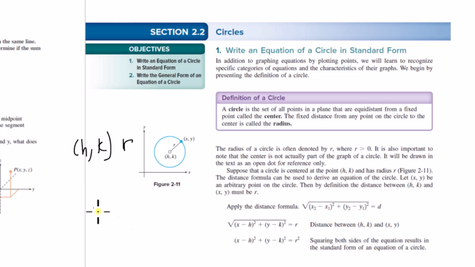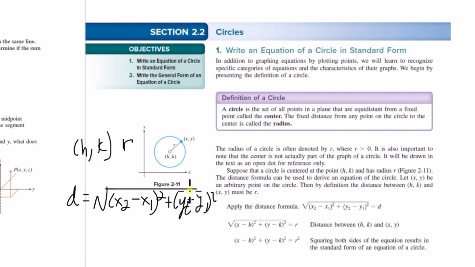The distance formula for any distance between two points in the Cartesian plane is x2 minus x1 squared plus y2 minus y1 squared, the principal square root of that. Okay, so you can pick any x point you want in the entire Cartesian plane, and you subtract that from h, squared.